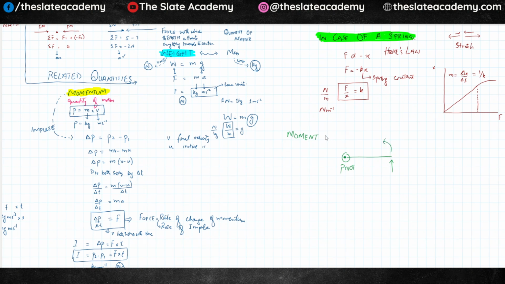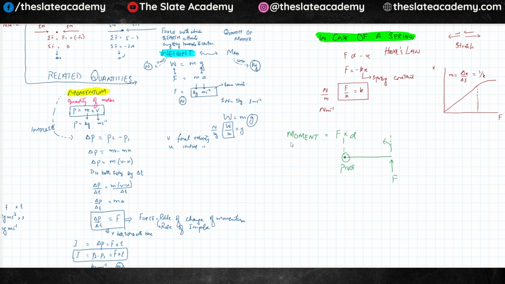The turning effect given by moment is calculated by force multiplied by the perpendicular distance between the point of action of force and the pivot, the point where the body is allowed to turn about. Understood, sir?